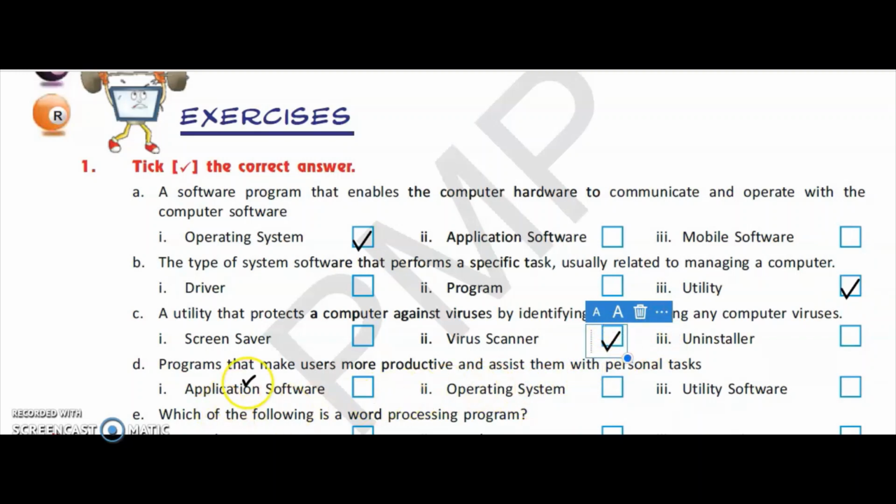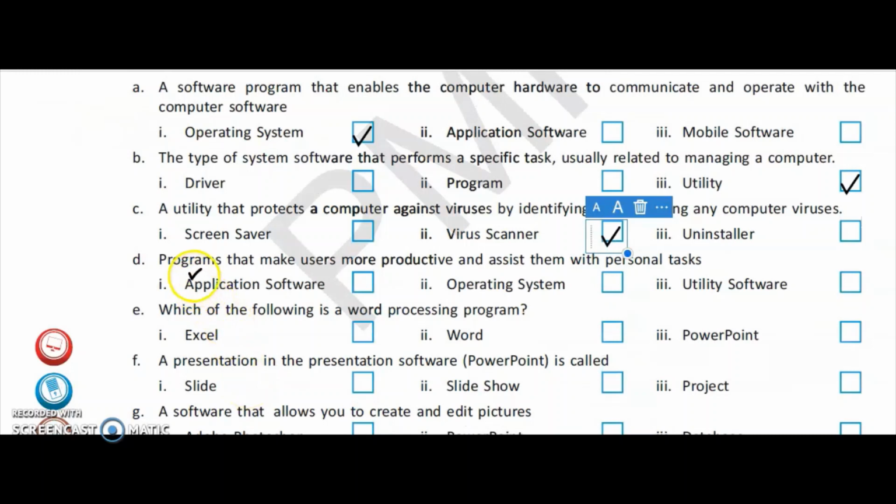Now the next question, D part, is the program that makes user more productive and assists them with their personal task. The options are application software, operating system and utility software. And the answer for this is application software.